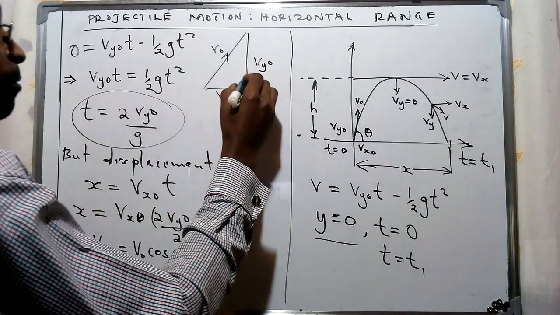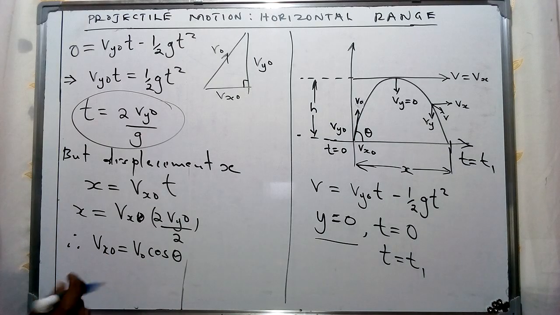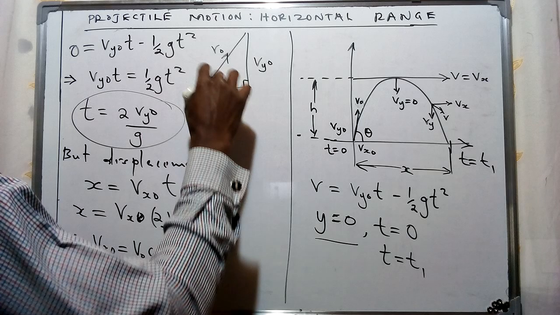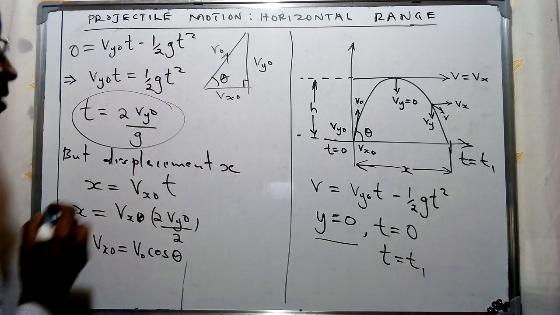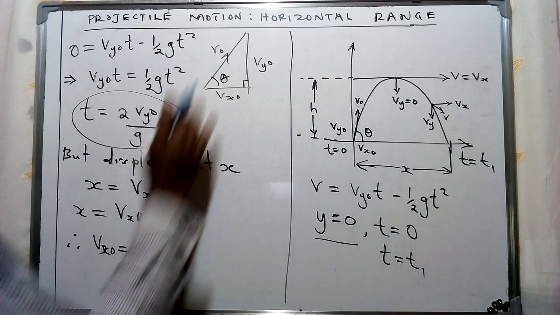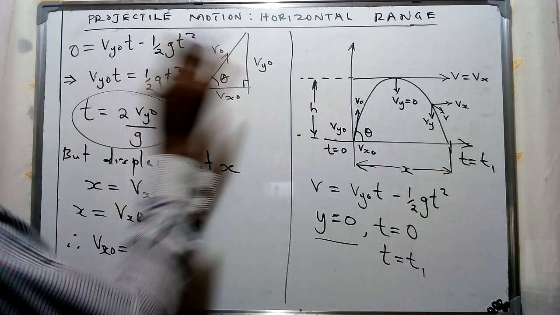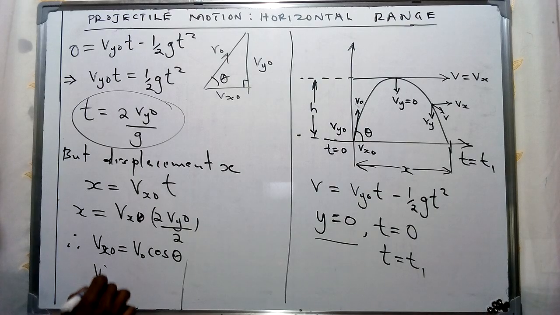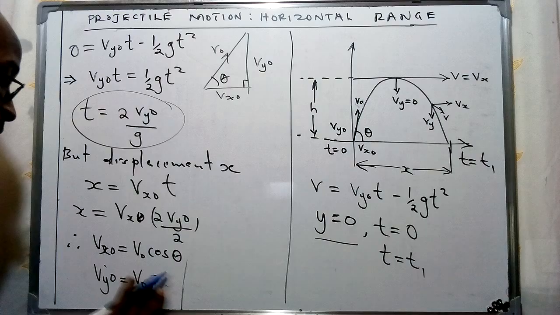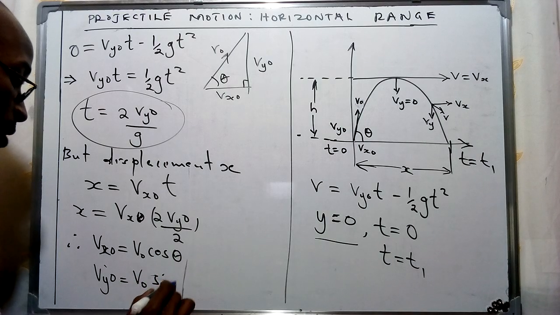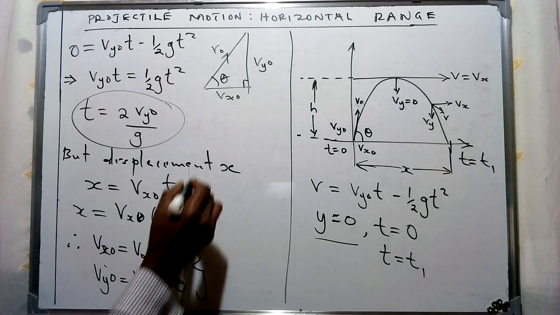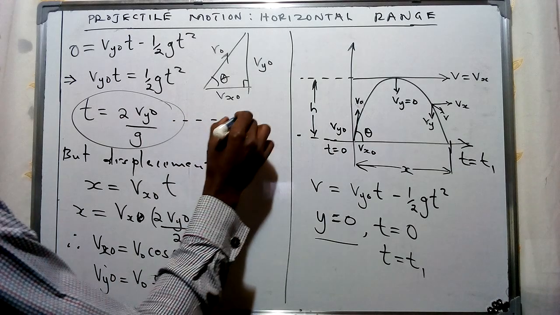So for us to describe vx naught in terms of these trigonometric functions for the angle theta, we have vx naught represented as v naught cosine theta, and vy naught represented as v naught sine theta. So let's call this our equation 1 for time.